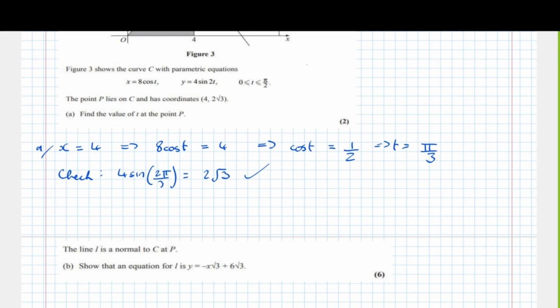Don't need to see the diagram yet. The line L is a normal to the curve at P. So we've got the point P. We've got the t value at P. Therefore, we can find the equation of the normal. Equations for x and y, find dy by dx parametrically. Then use the standard method. I'll give you a few moments, then I'll guide you through it again.